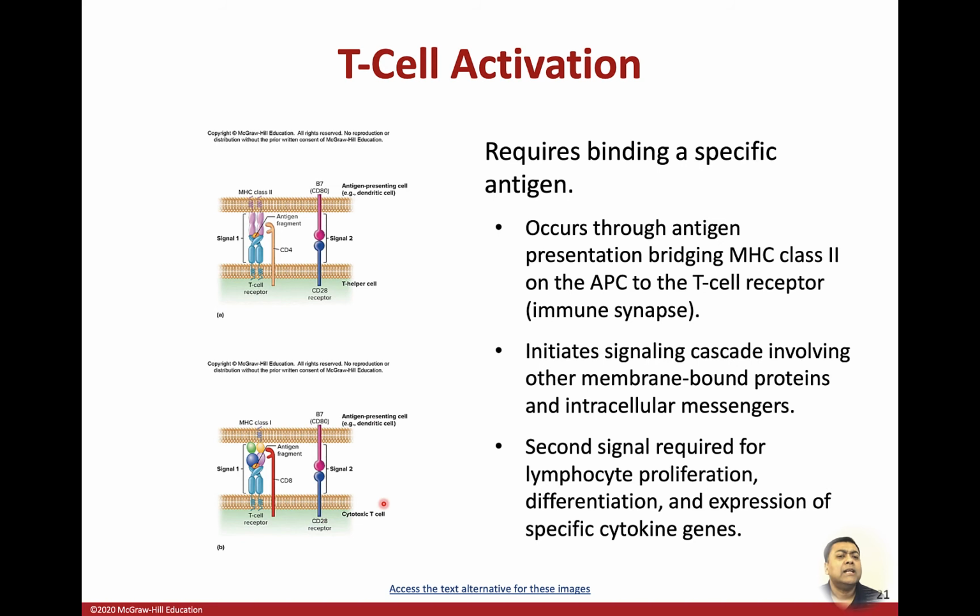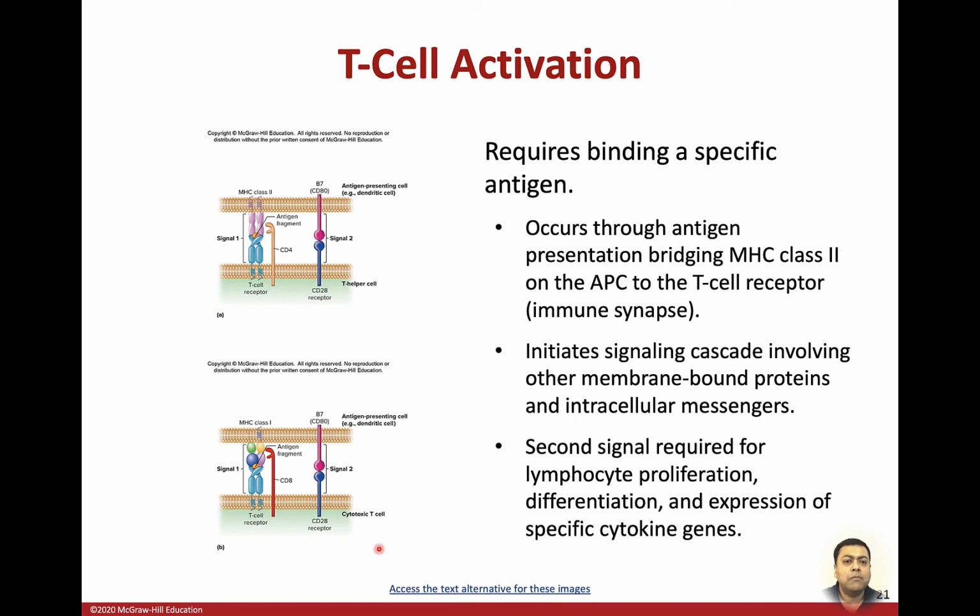The third signal that is also important is the release of cytokines by the antigen presenting cells, which is not shown in here. So along with this activation, the antigen presenting cells, the dendritic cells or the macrophages, will also release cytokines that will act on the lymphocyte as a third signal. All these three signals are required, and some of these will differentiate these T cells into memory and effector T cells.